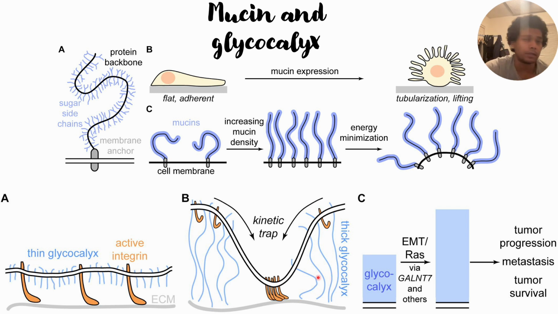For example, the overexpression of O glycosylation will lead to the extension of the O glycans in this glycocalyx layer, and that will promote a further increase in its thickness, so these integrins will not be able to withstand that much force or pressure from the factors trying to increase the thickness of this glycocalyx.